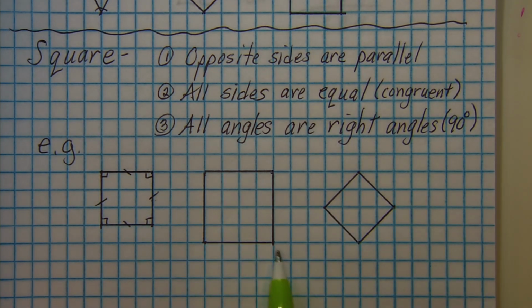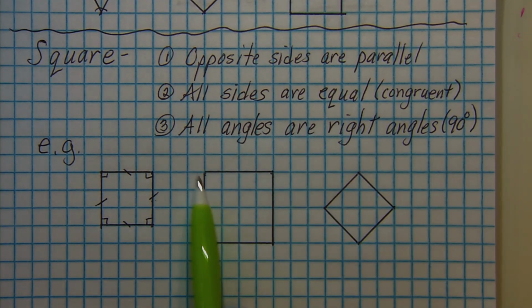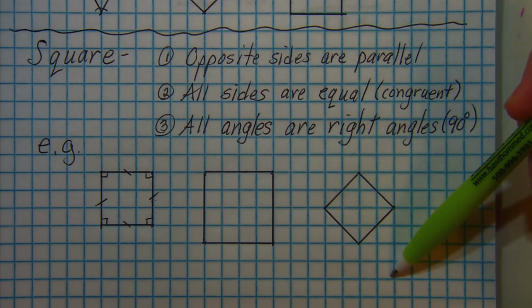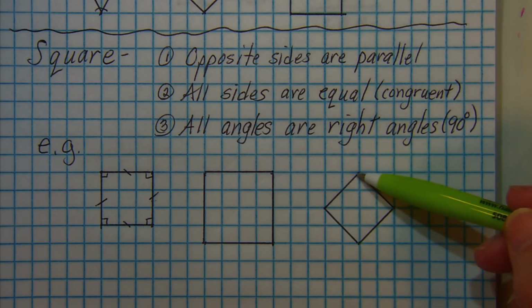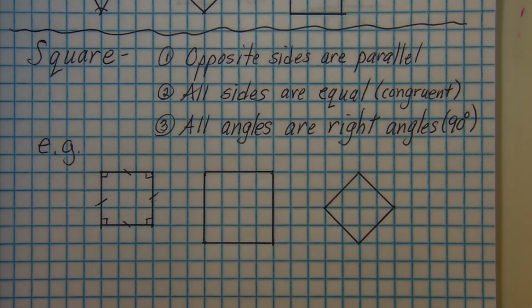And no matter what the size, as long as the length and the width are the same measure, and we have 90-degree angles, that's a square. And again, here it looks like a rhombus, but it's still a square because opposite sides are parallel, and all angles are 90 degrees. So, just to remember, every square can be a rhombus, but not every rhombus can be a square.